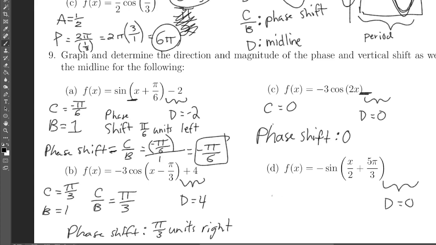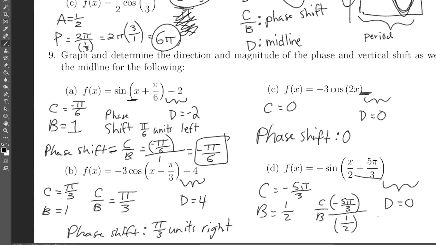And over here, C is again negative 5 pi over 3, because again, this is supposed to be a subtraction, so if you see an addition, it's because there was a negative number there. B here is 1/2, since x over 2 is the same as 1/2 times x. So to do C over B, we do negative 5 pi over 3 divided by 1/2.